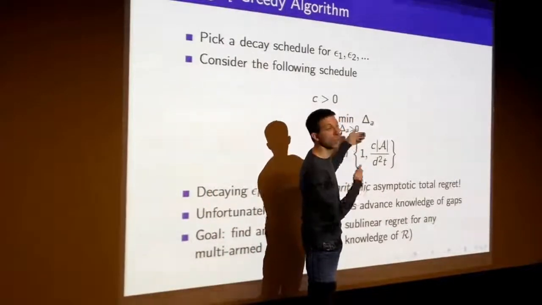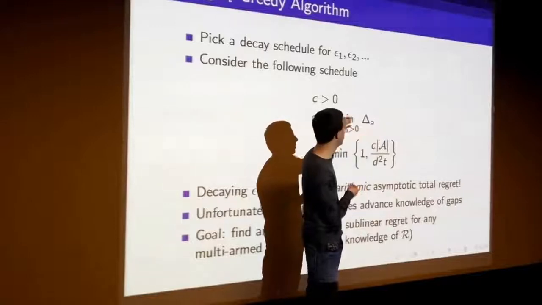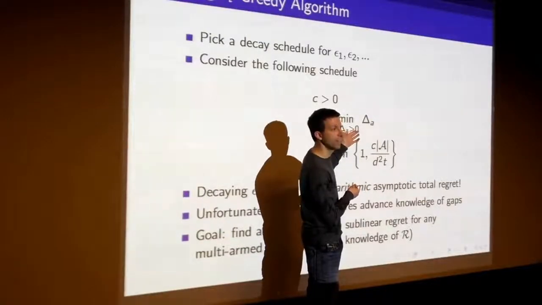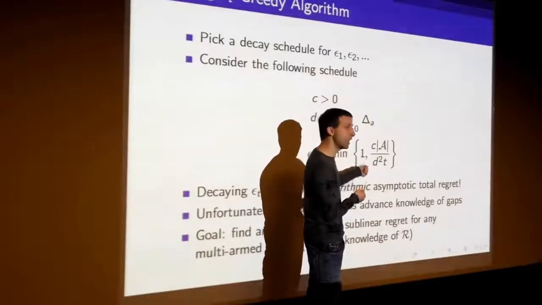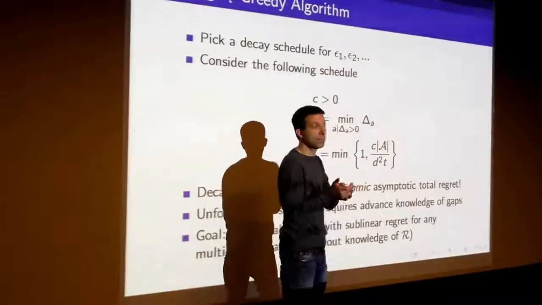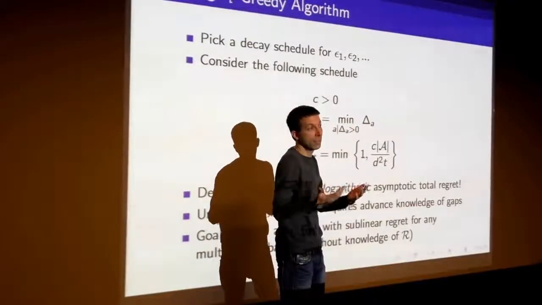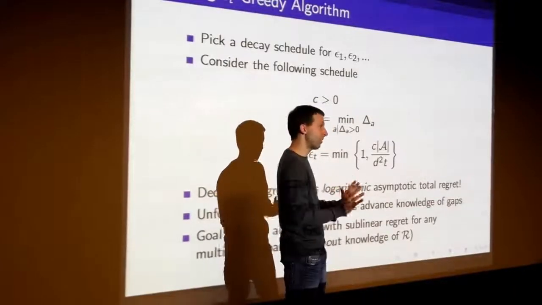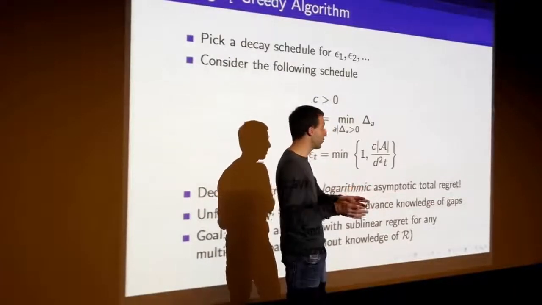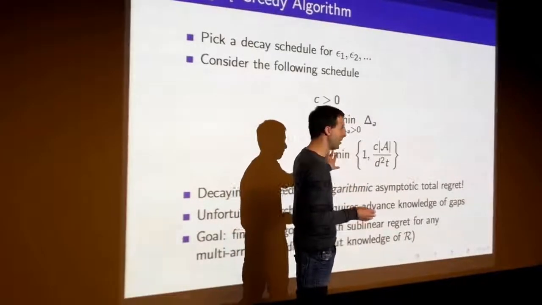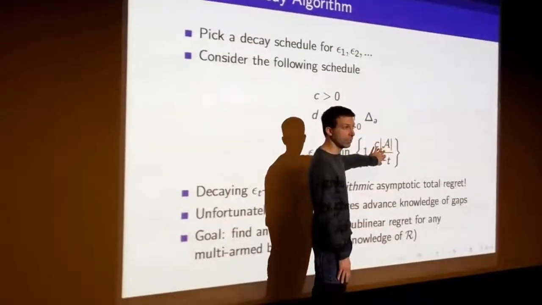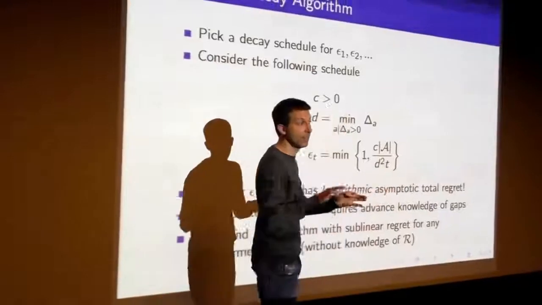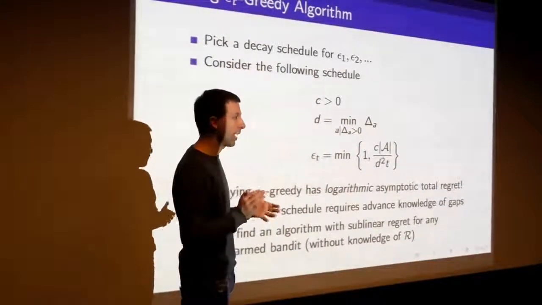One choice would be to use the expectation of the gaps, another choice is to use the min of the gaps, and use that min of the gaps to pick your schedule. That just determines the randomness that you use, and then you flip your coin according to that choice of epsilon. So it's a valid choice. You could also use the expectation and come up with a different schedule. So just think of this as one choice for the schedule that depends on the individual gaps.